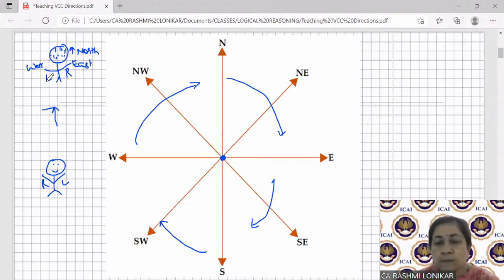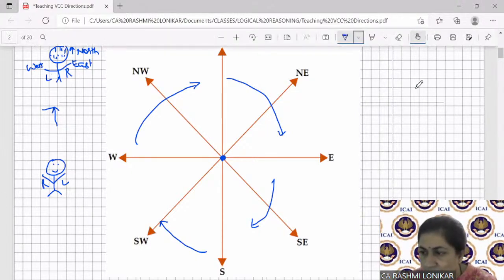Now when we are talking in terms of going, the person travels to the left. So when I'm saying the person is traveling to the left, I'm going in this direction, left. What happens when I'm going in the left direction like this? It means I'm traveling towards the west. What happens when the person is going down, going south, and then he has to go to the left?